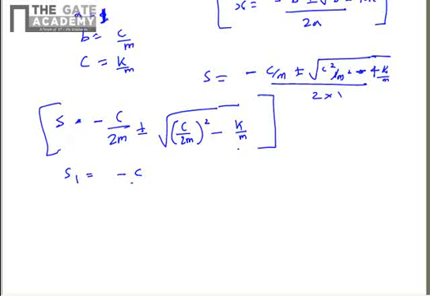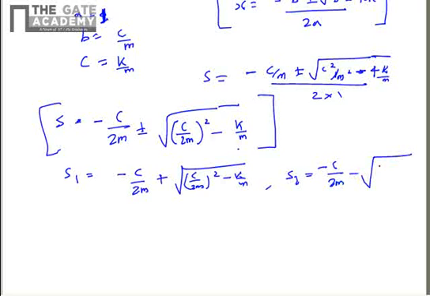One is s1, that is minus c by 2m plus square root of c by 2m whole square minus k by m, and for the other solution we take the negative sign, that is minus c by 2m minus square root of c by 2m whole square minus k by m. So we have two roots of the equation.